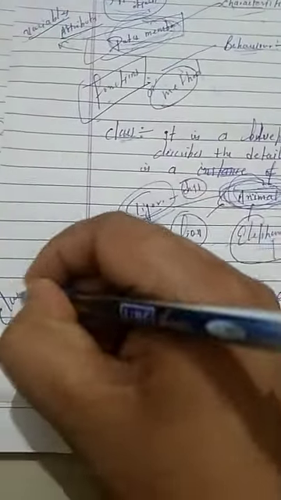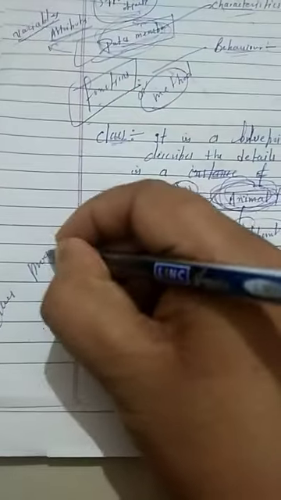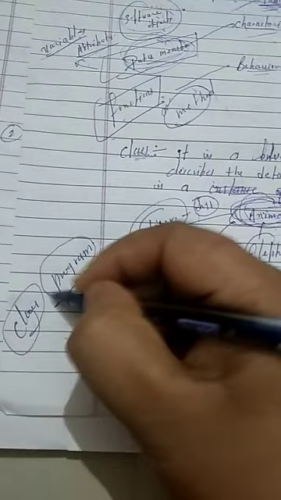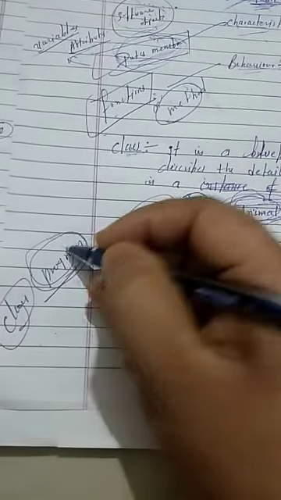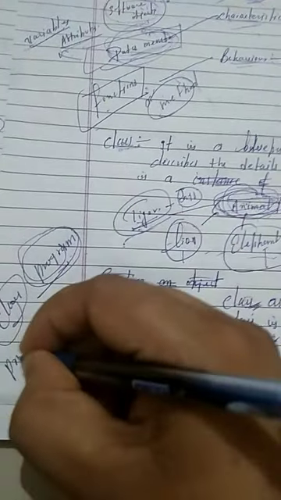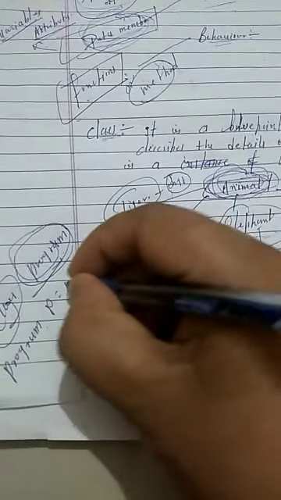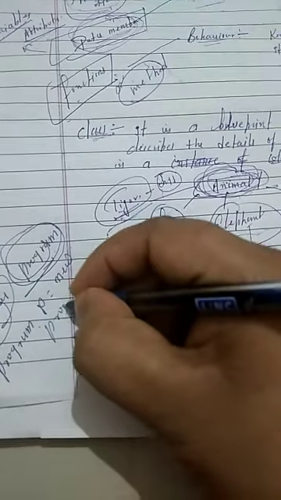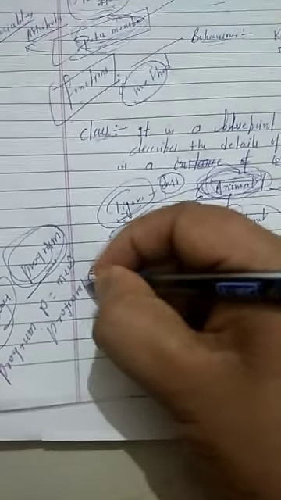Suppose I have declared a class program. Now this class is a keyword which is used to declare the class, and program is the class. Now if you declare an object: program P equals new program.